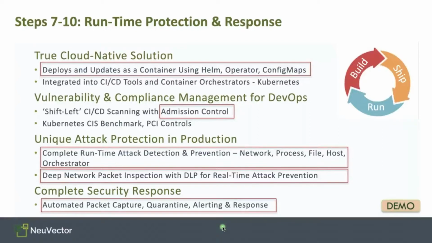So that could be initiating a packet capture on a suspicious pod that could have been hacked, or quarantining that container. We provide a number of different rules that enable you to specify conditions under which a quarantine is invoked on a container, which would block all network traffic in or out of it, or a packet capture is initiated on that container. And of course, other alerting and response, whether that's SIEM, webhook alerts, or other types of response, are also something that can be automated.